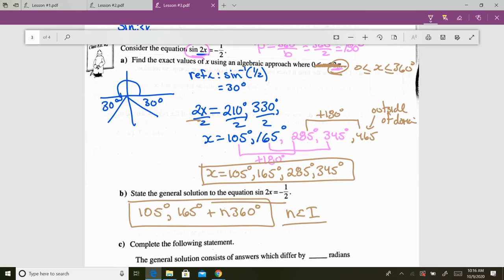Is that okay? All we've done is only one twist. Divide by whatever your b value is, and add multiples of the period until you exceed your domain. That's your solution in a restricted domain. The general solution is still to take your first two answers and just add multiples of the period. And it's not 360, it's 180, isn't it?